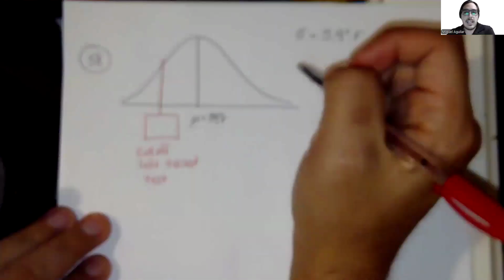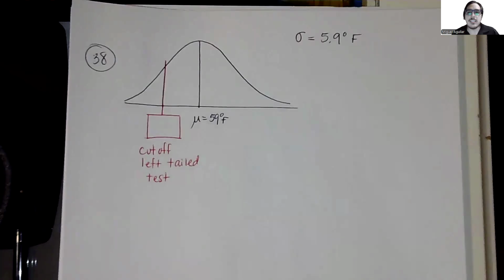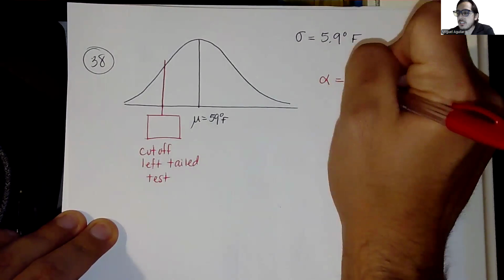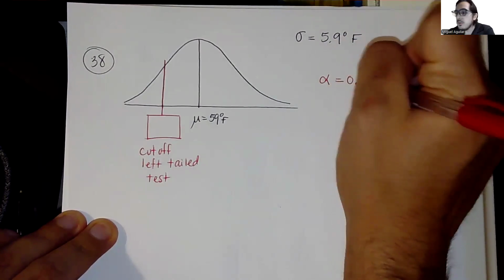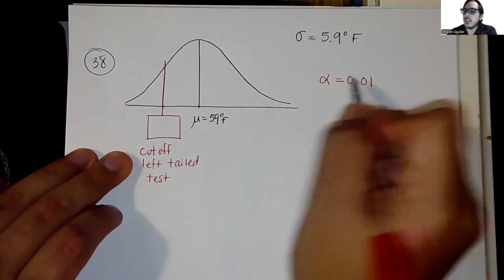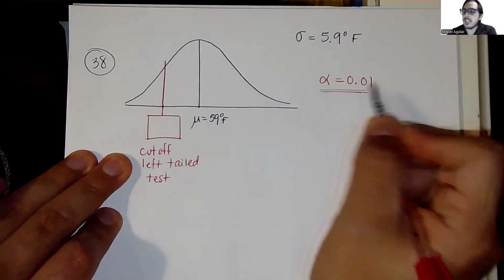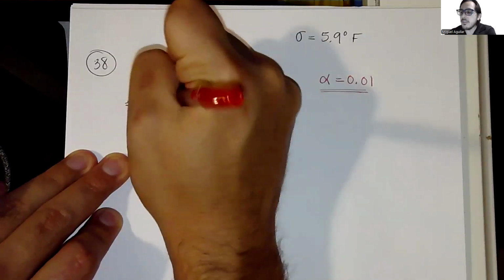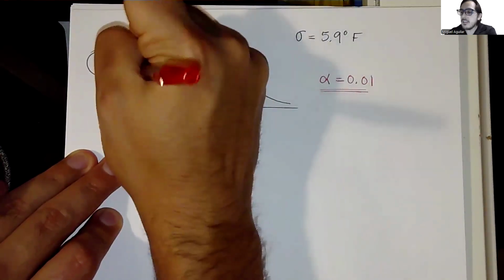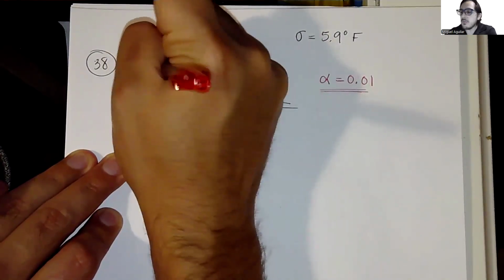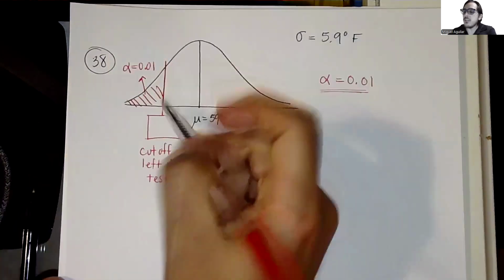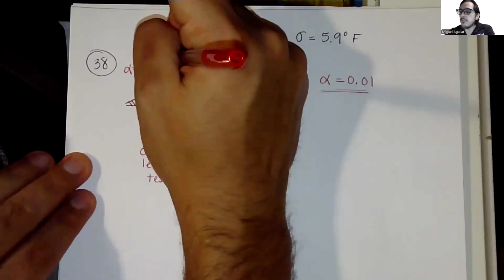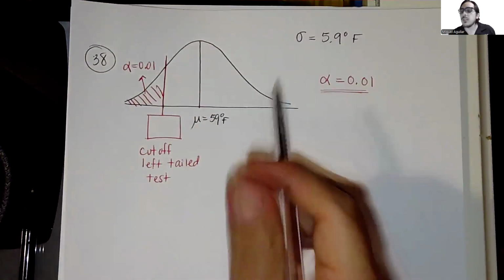Now they said that we want to perform this hypothesis test at a significance level alpha of 0.01. So we want this rejection probability, alpha, over here to be 0.01, which means that the remaining probability over here is going to be something really high.